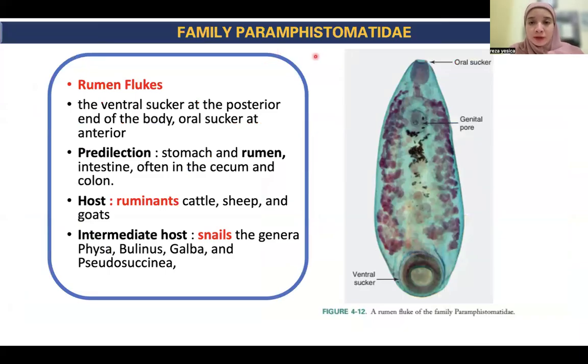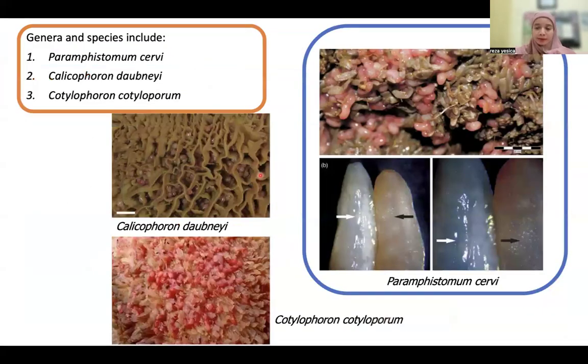Next is the Paramphistomatidae family. They belong to amphistomes because they have an oral sucker and a ventral sucker at the terminal ends. They are commonly called rumen flukes because they are found in the rumen of ruminants. And these are some examples of genera of rumen flukes. First one is Paramphistomum cervi in the rumen.